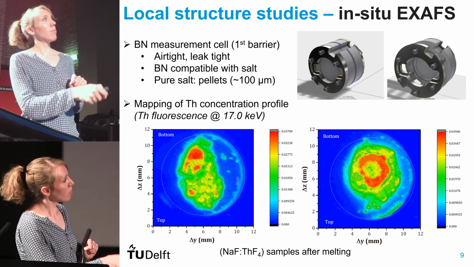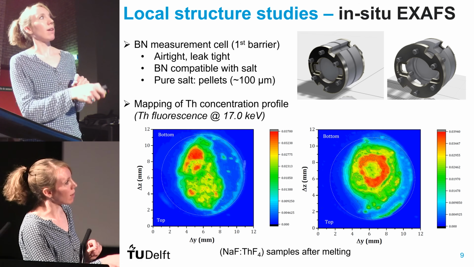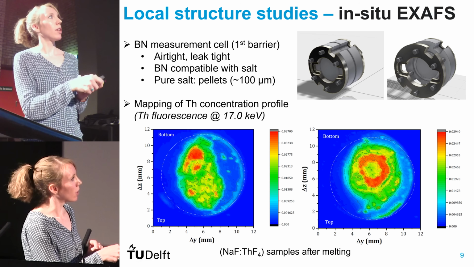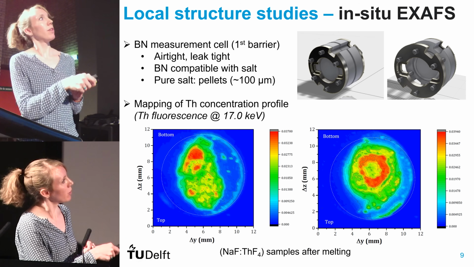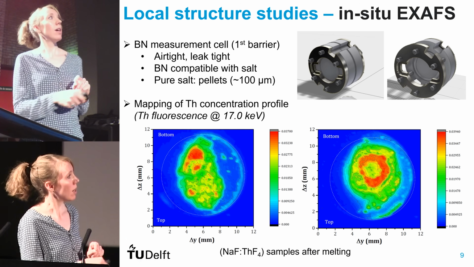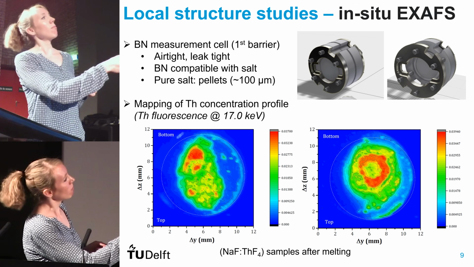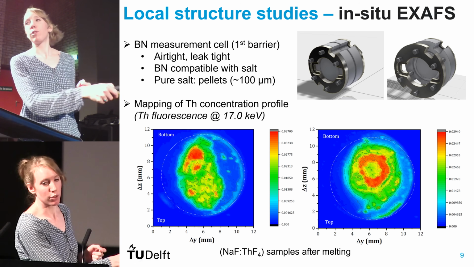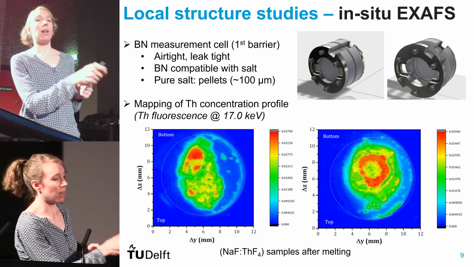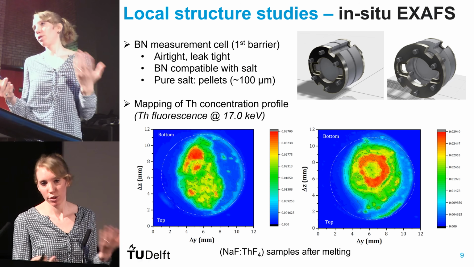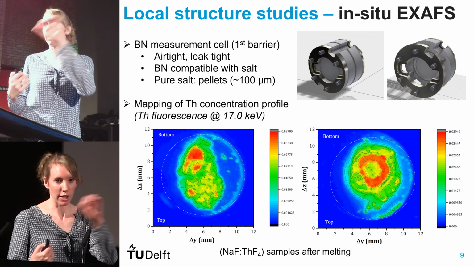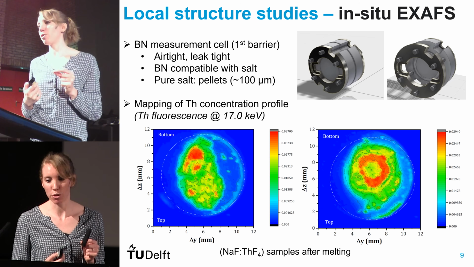And you can see here this mapping. So we have a pretty homogeneous sample with some regions where the thorium is more concentrated, but very importantly, the sample, the salt, even after melting, doesn't come out of the cell. And we also checked that with some contamination tests on the outside of the cell after the measurement.